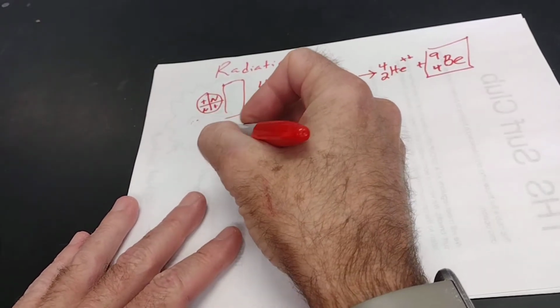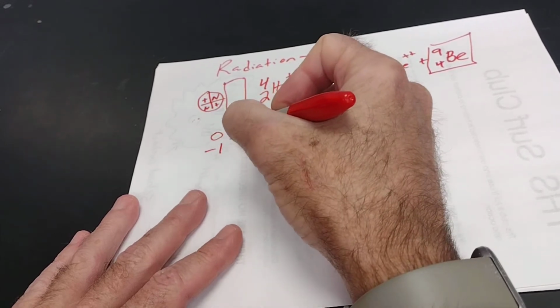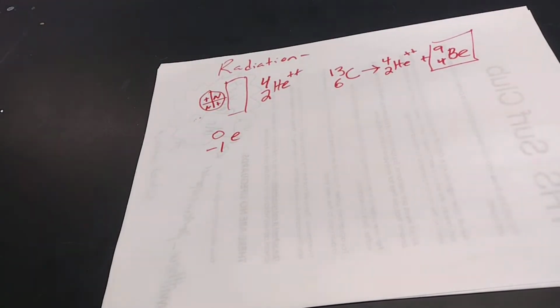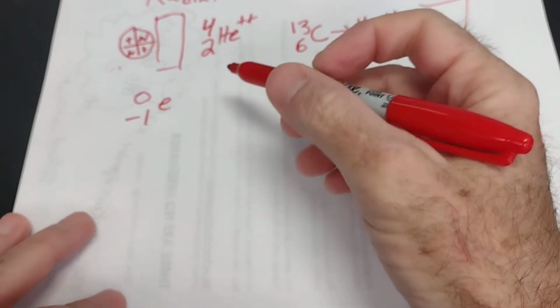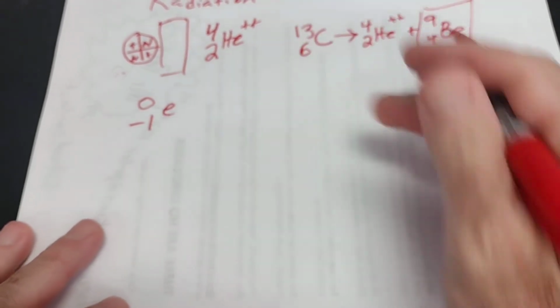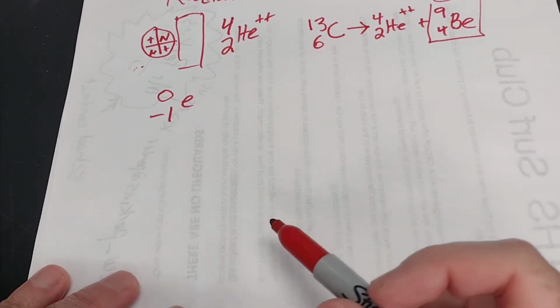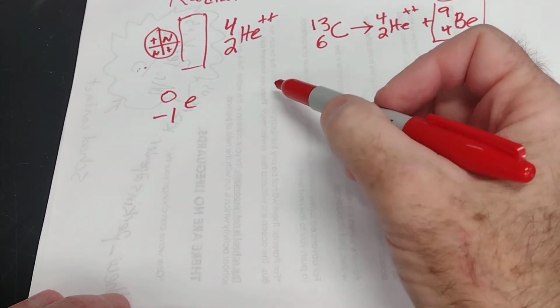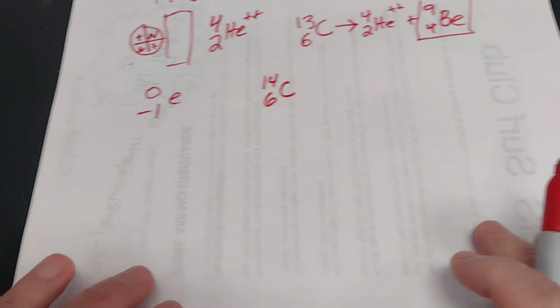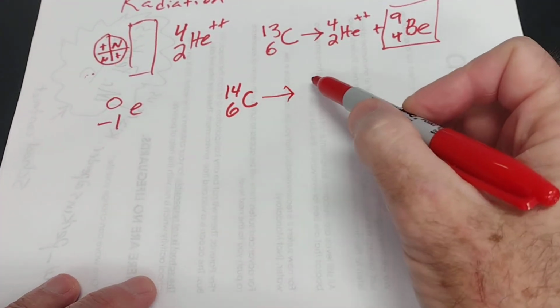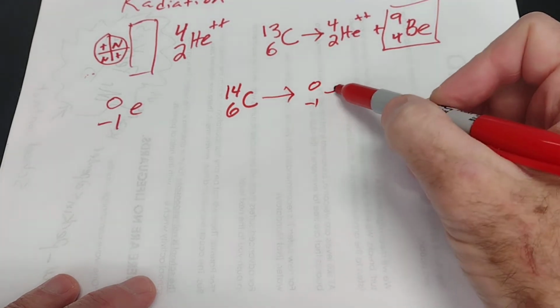Another type of particle is a beta particle, which is basically just an electron. So a beta particle is just an electron, which means it really doesn't weigh anything, and has a charge of -1. A really famous beta decay is beta decay of carbon-14. When that happens, it gives off a beta particle.